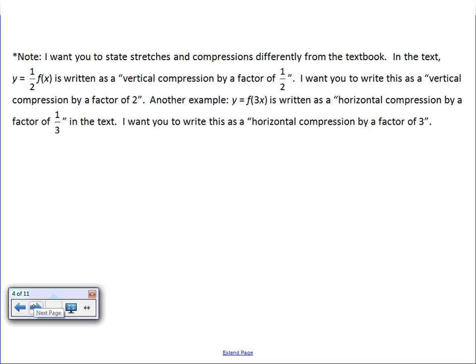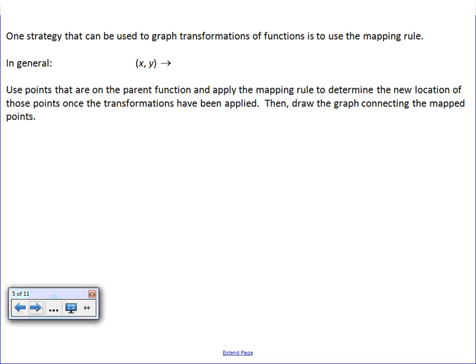So this is just a note on what I already talked about in terms of the stretch and compression, so you can read that, just review that if you want to. Now, before we move on to the examples, let's review what the mapping rule is. I'm guessing that's the way you were taught how to do transformations. So what is the mapping rule?